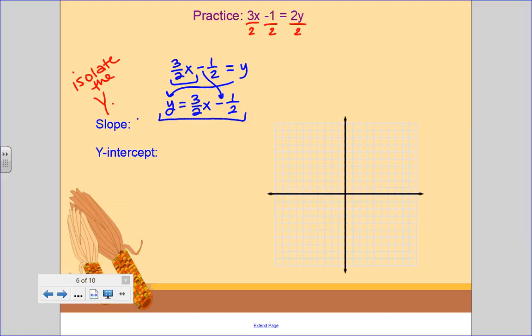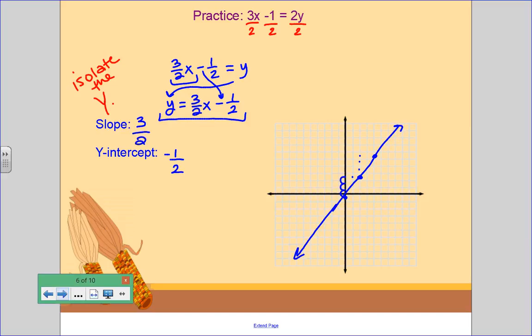Okay, so the slope is 3/2 and the y-intercept is -1/2. So for this one, we're going to come down to -1/2 on our y, and so when we're counting our slope up 3, we're actually counting to the half steps to get a full one and then over 2. So there's a point. 1, 2, 3, 1, 2. And so that should be enough to plot our line.